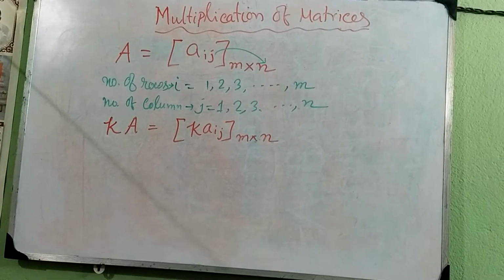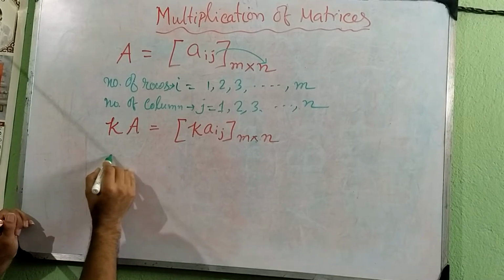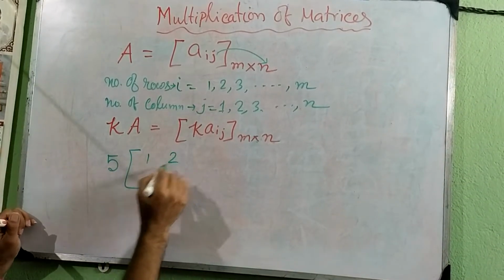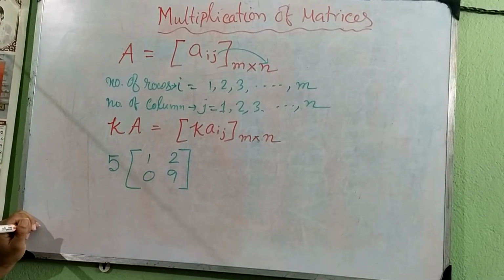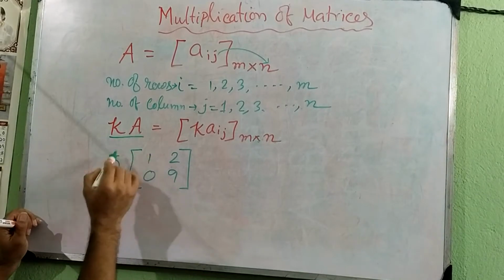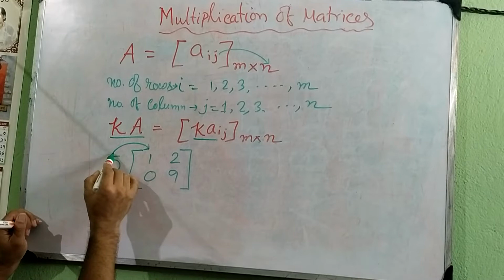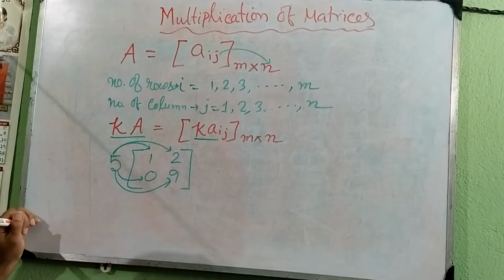Now I am giving an example to explain clearly. Suppose I give a matrix 1, 2, 0, 9. So k into A means k into aij. So this 5 will multiply with each of the elements of the matrix.